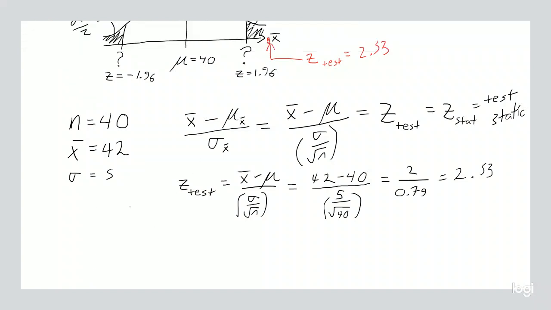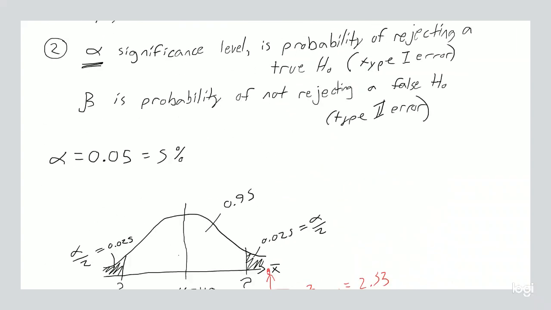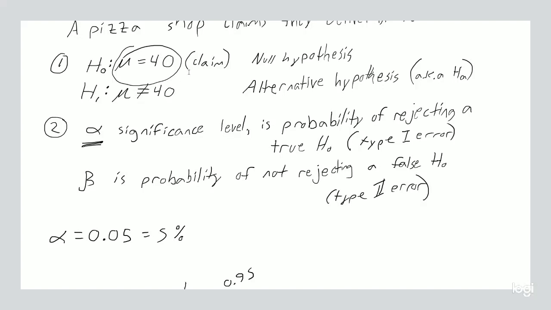Okay? And so now we've made our decision. This is our step 3. Okay, step 2 we did right here when we collected the data. Step 3, we make our decision. H0 is rejected. And if you recall, H0 corresponds to the claim.